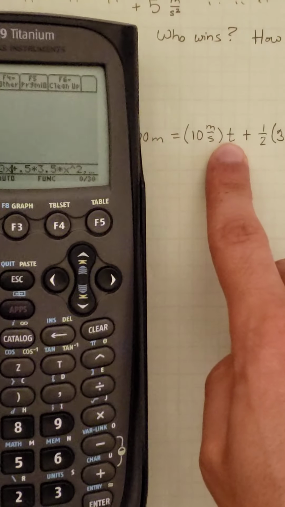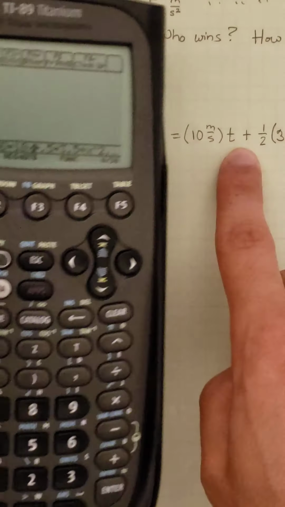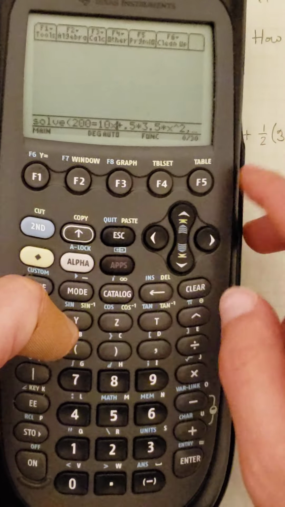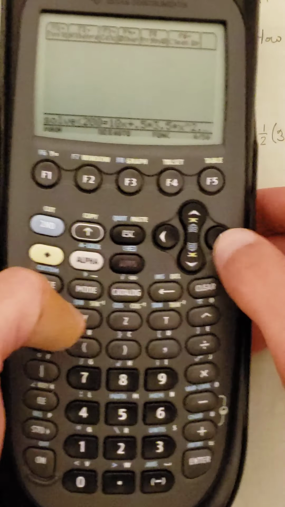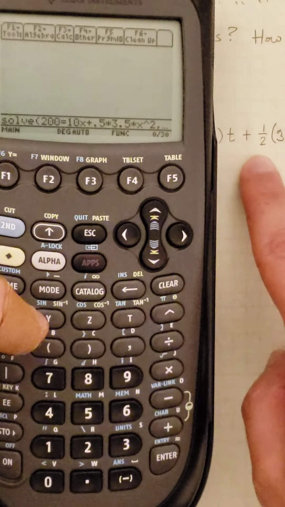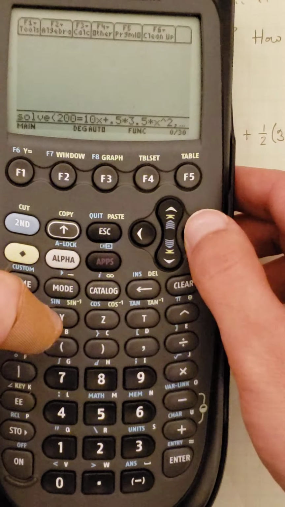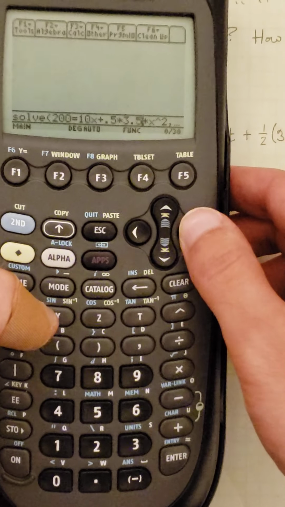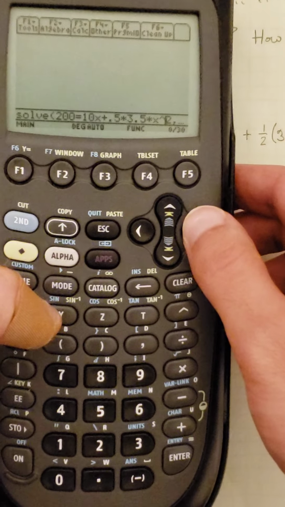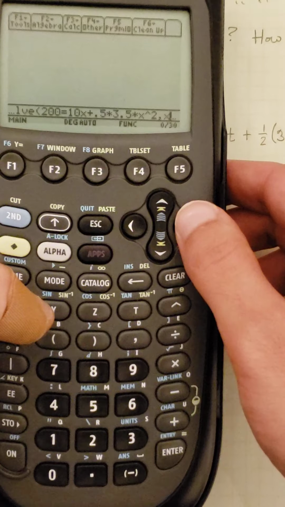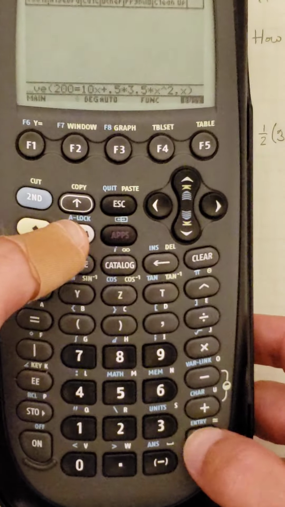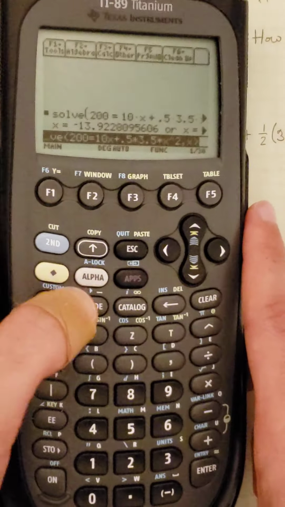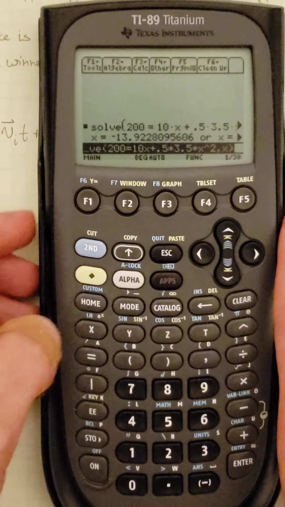I'm calling t x just because that's how you enter it into the calculator. 10x plus 1/2, right, 0.5, times 3.5, that's 1/2 a, t squared, right, x squared. I tell it the variable is x, and solve. Now, we expect to get two answers.